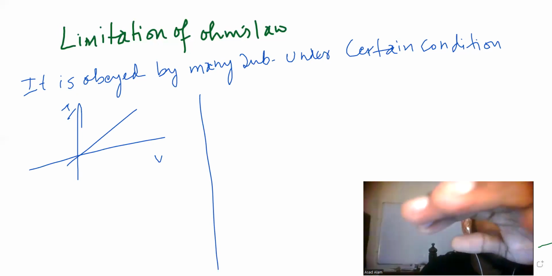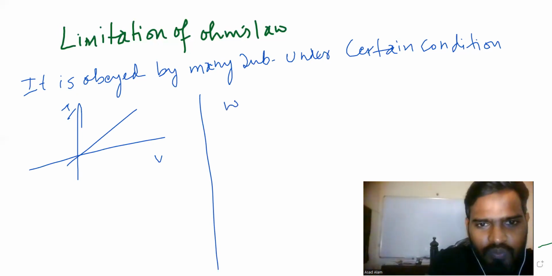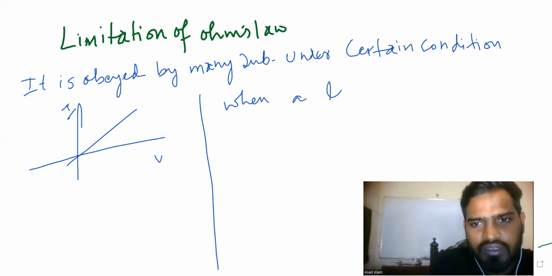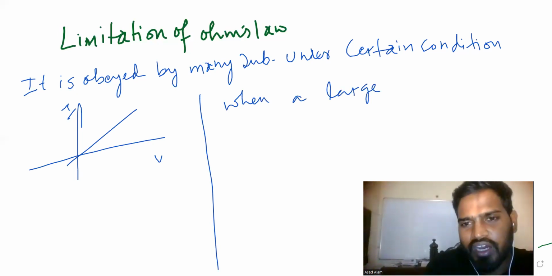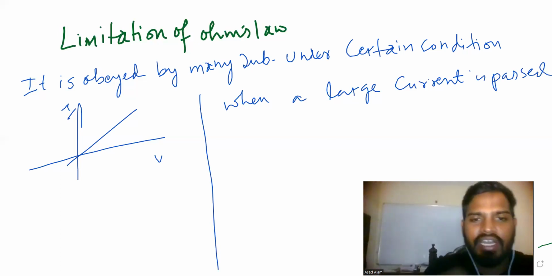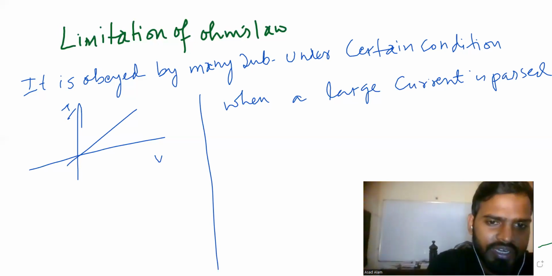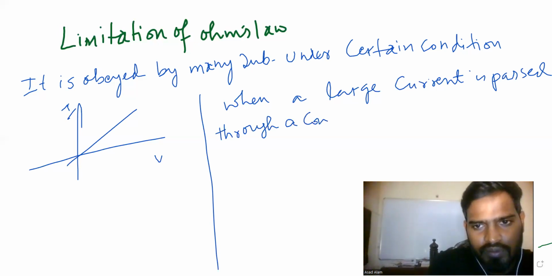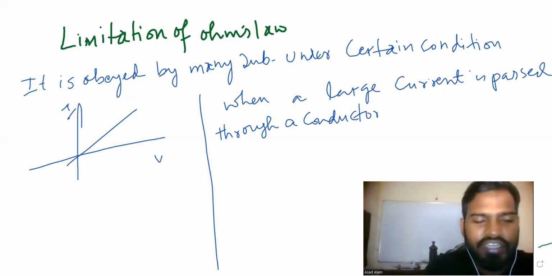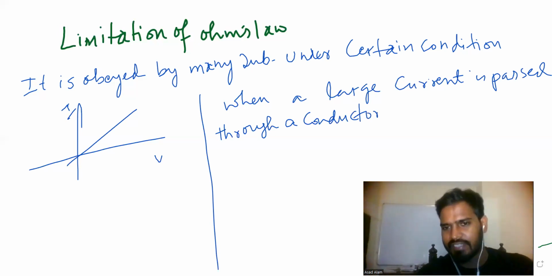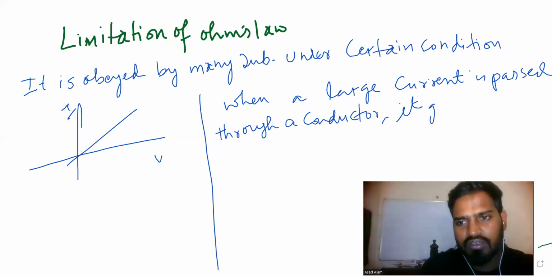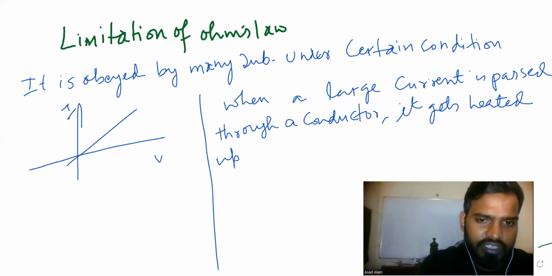Non-ohmic conductor: suppose when a large current is passed through a conductor, it gets heated up, right? It gets heated up.